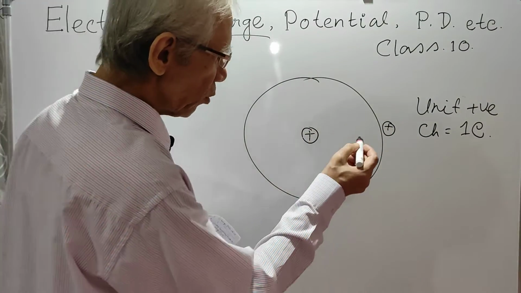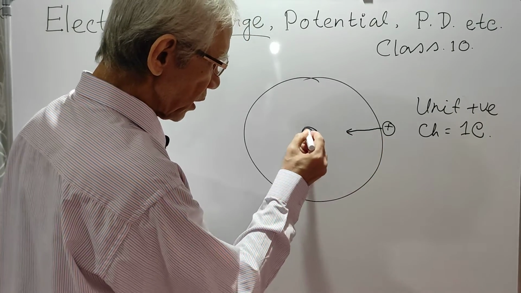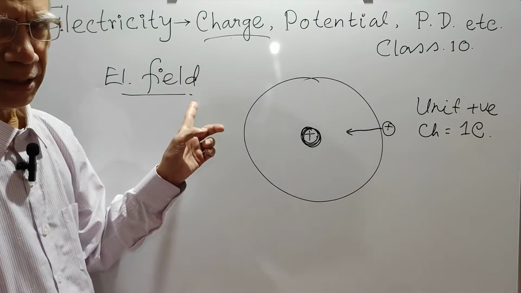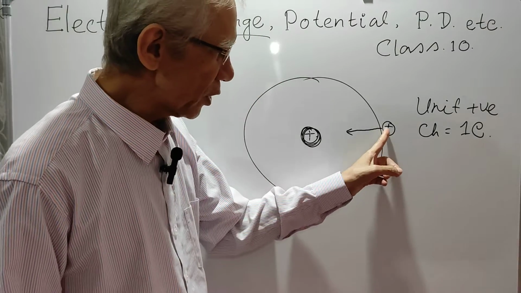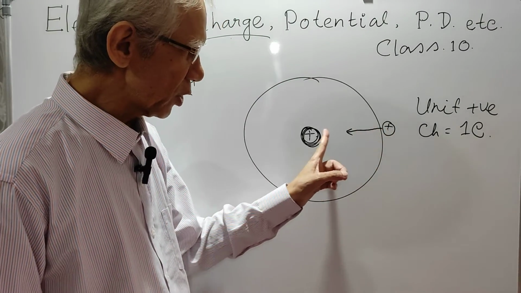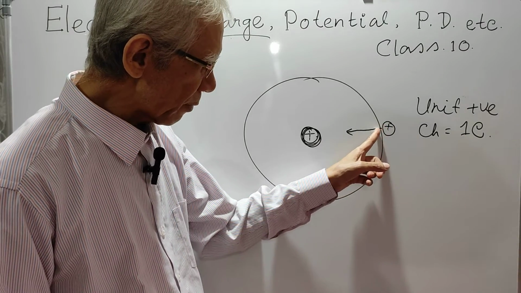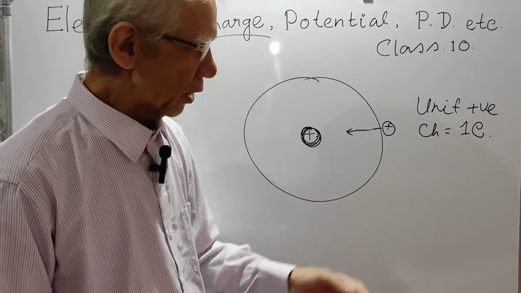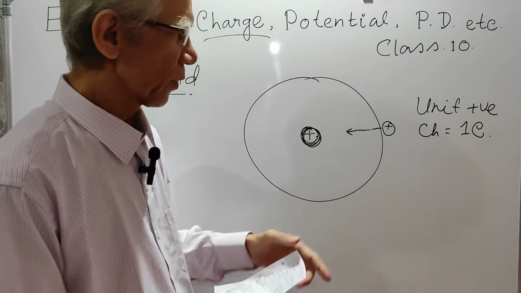Now, suppose you want to bring it towards the central positively charged body, into the electric field. Then some work has to be done. In order to push this unit positive charge towards this positive charge, you have to do work, because if it is coming this way, then this will repel, because positive repels positive. So work has to be done in order to bring this towards this.